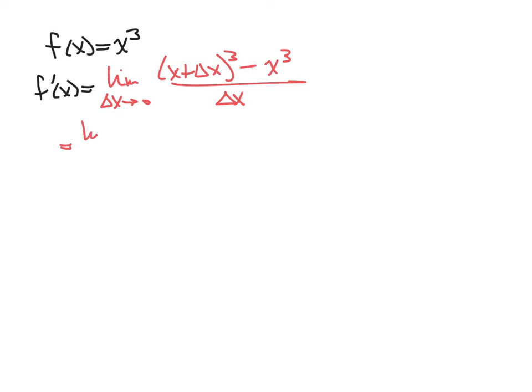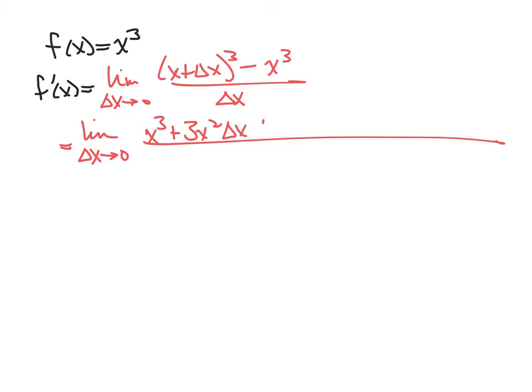I've been emphasizing this, that you haven't taken the limit yet, so you have to keep this limit notation around. We are going to expand this x plus delta x to the third. So we'll have 3x squared delta x and 3x delta x squared before we get to the delta x to the third. All right, then we subtract off that x cubed all over delta x.